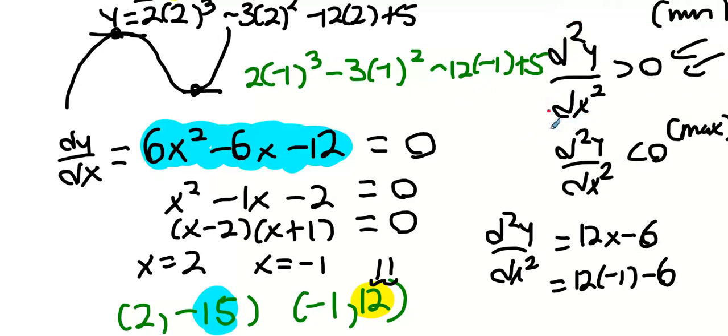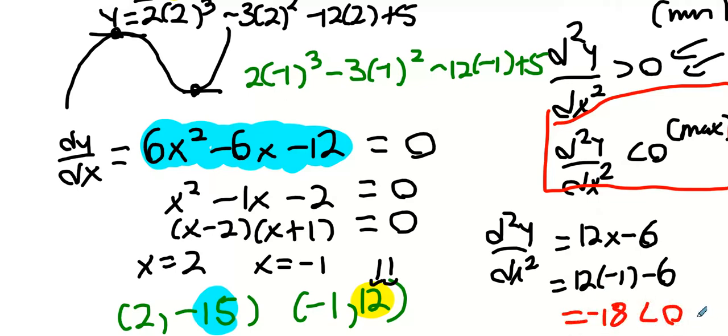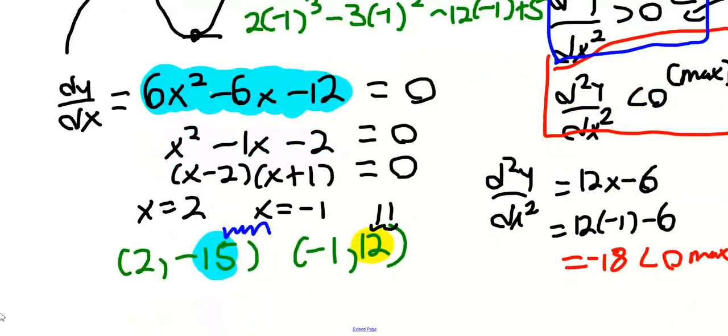So the max is, yeah. Is minus 18 less than 0? That indicates it's a max. And what happens when we sub in the second derivative for the minimum, which is the blue one? Yeah, we're going to get positive 18, aren't we? Which indicates that it's the min.